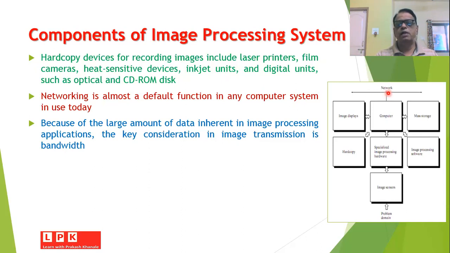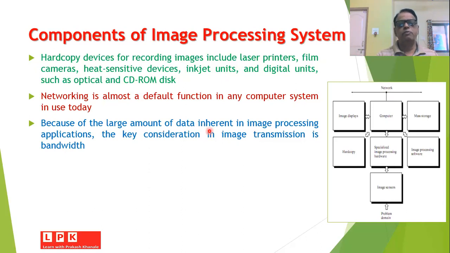Also, nowadays you will find that the network is an essential component of any image processing system, because a lot of things are available on the network, and it is also necessary for us to post images via the internet. Therefore networking is also a default function in the image processing system.